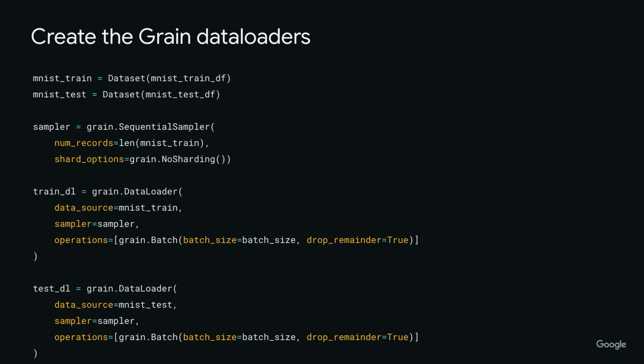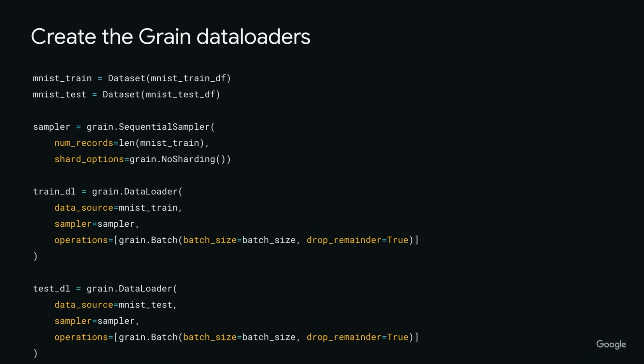We'll create MNIST train and MNIST test objects. Next, we create a sequential sampler using grain.SequentialSampler. This sampler ensures that we iterate through the dataset in order. Finally, we create data loader objects using grain.DataLoader.